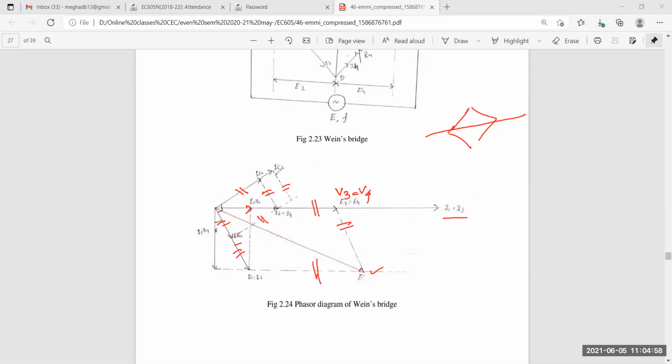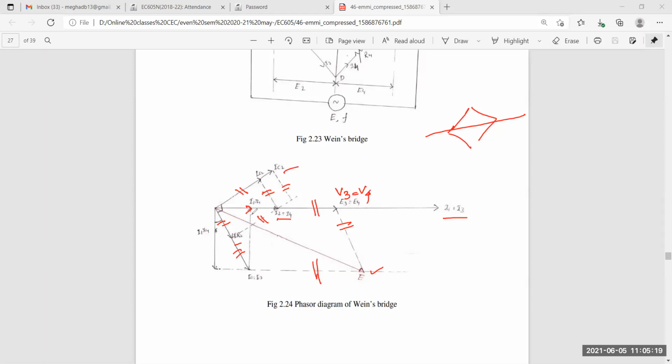IC2 is for the capacitor, and whatever C2 current is flowing has to be equal to the I2 current, because C2 is situated in the arm through which I2 is flowing. So this one is parallel to this one. Like this they have taken the diagram.